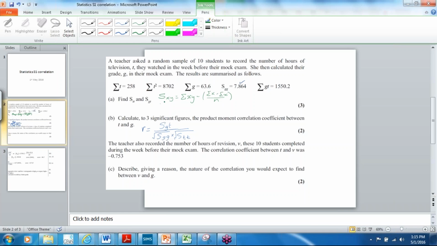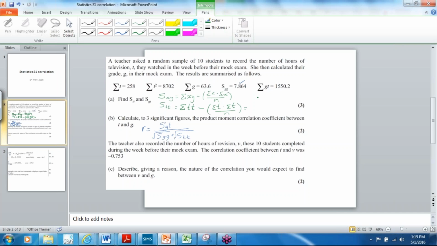So if we want the covariance of TT, it will be the sum of TT, which is sigma T squared, we're told that here, minus sigma T times sigma T over n.